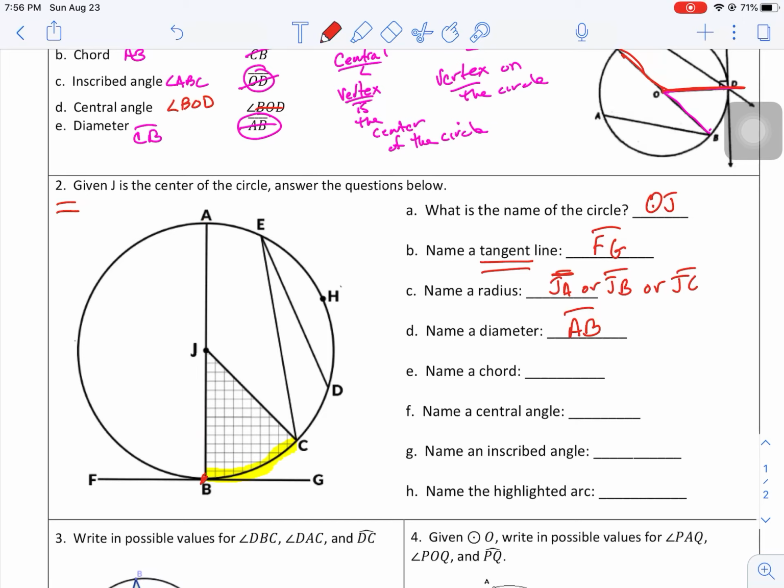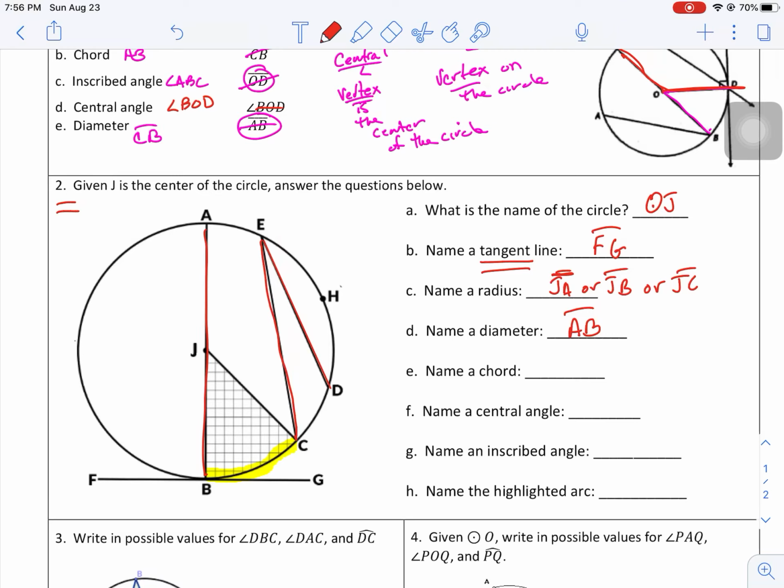that I see. All right, so just understand a chord goes from one endpoint on a circle to the other endpoint on a circle. All right, so we have ED, we have EC, and we have AB. Those are the 3.